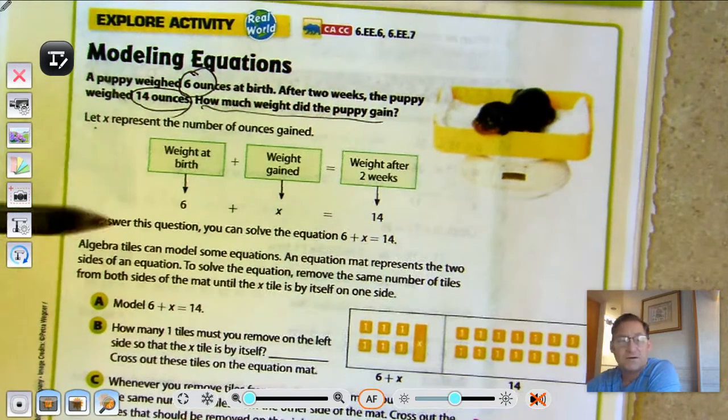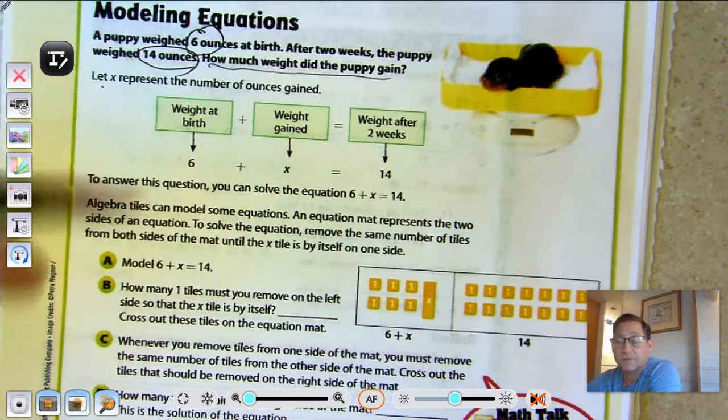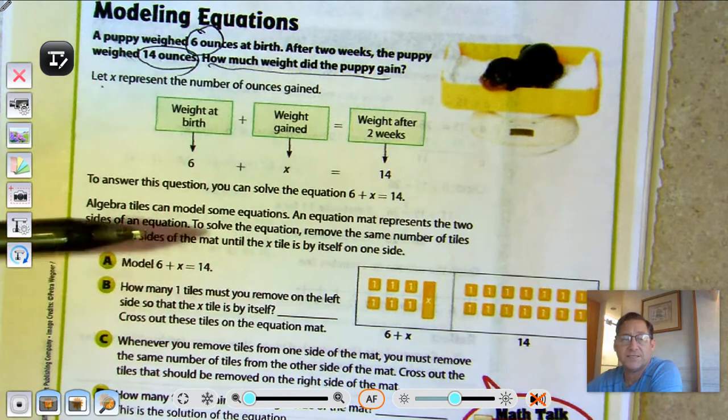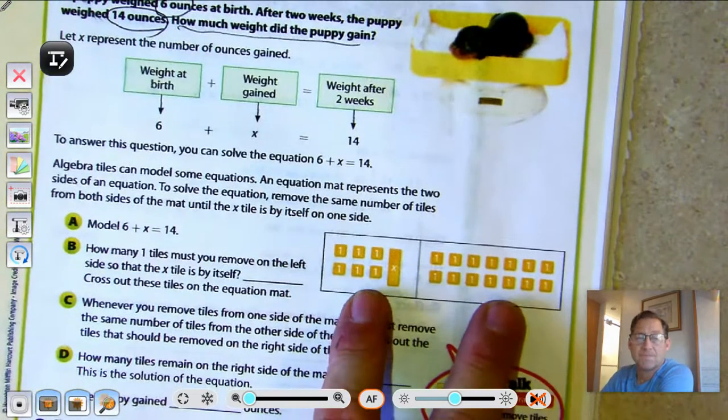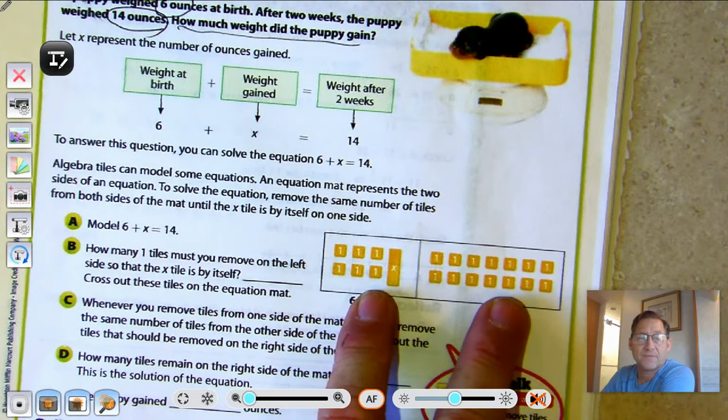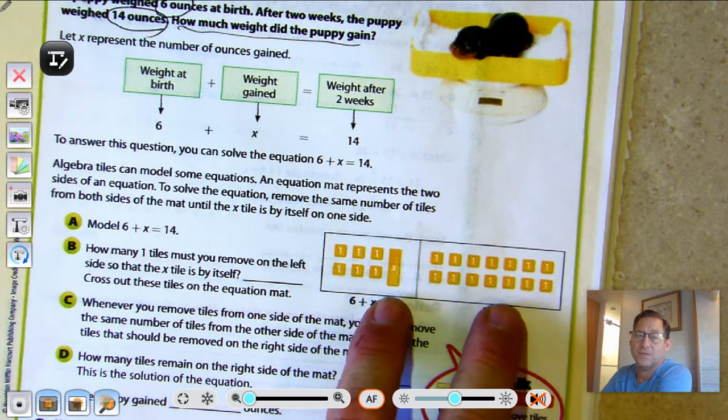All right, so algebra tiles can model some equations. An equation mat represents the two sides of an equation. So this would be our equation mat. To solve the equation, remove the same number of tiles from both sides of the mat until the x tile is by itself on one side.